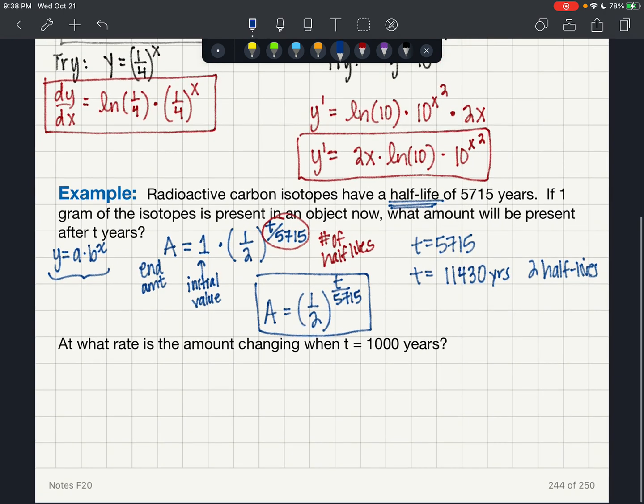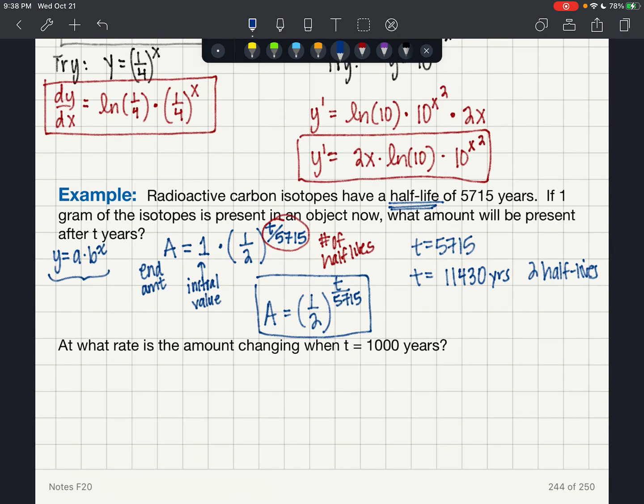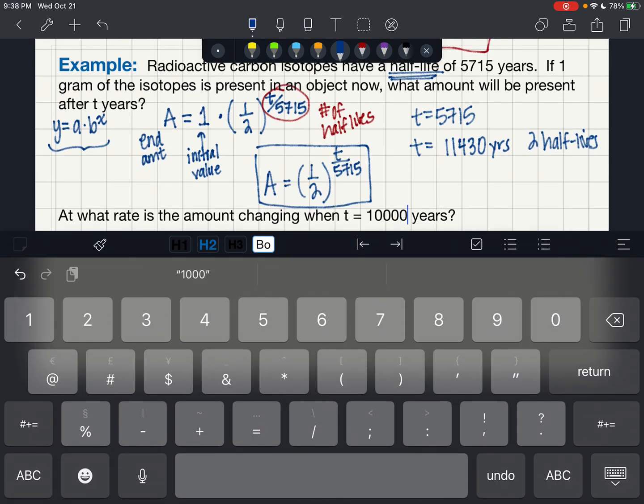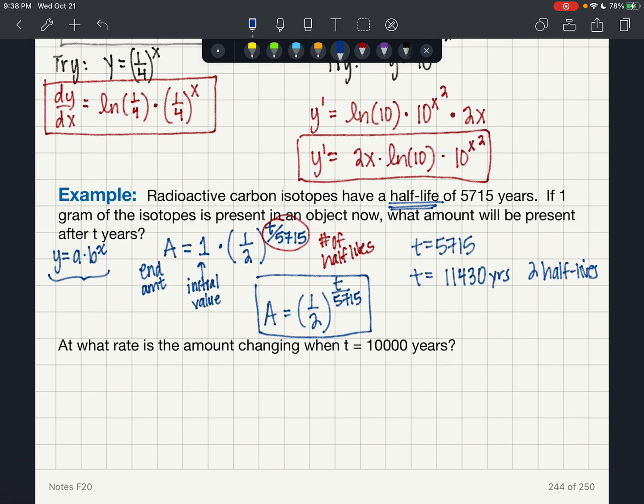Now, at what rate is the amount changing when t equals 1,000? Actually, we're going to make it t equals 10,000 years, because that's what I have the answer for. So make sure you have t equals 10,000 years. So at what rate is the amount changing?